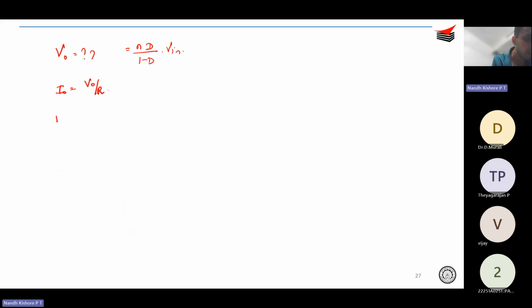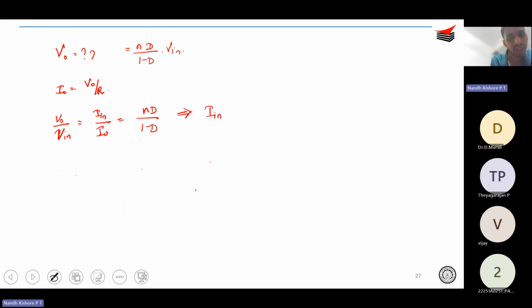And you know that Vo by Vin is equal to Iin over Io, and that is equal to N D by (1 minus D). Therefore, from this relation, you can get what is Iin.